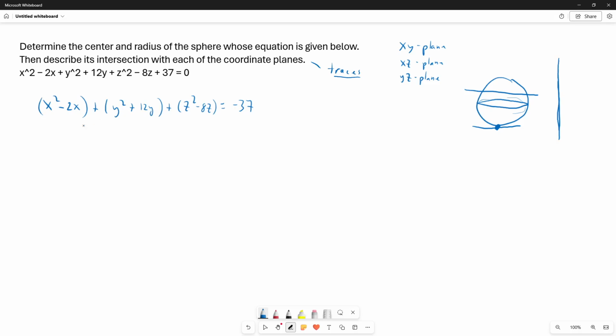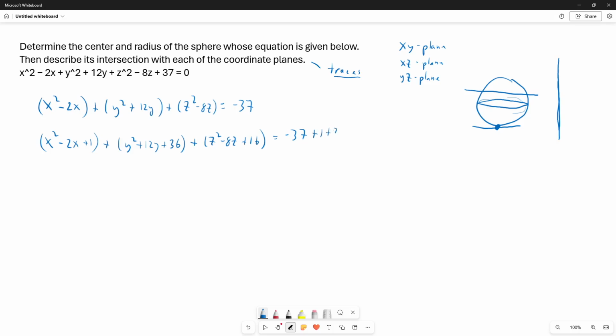Now complete the square in each variable. x squared minus 2x plus 1, plus y squared plus 12y plus 6 squared is 36, plus z squared minus 8z plus 4 squared is 16, equals negative 37 plus 1 plus 36 plus 16.